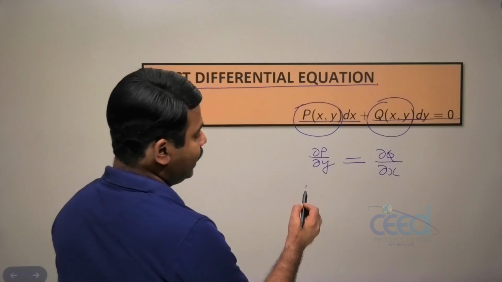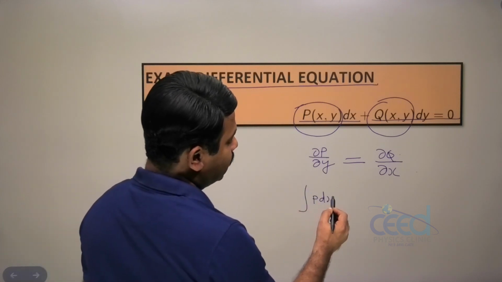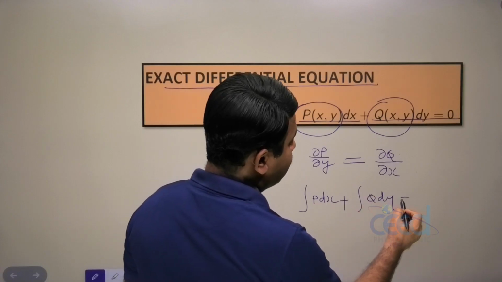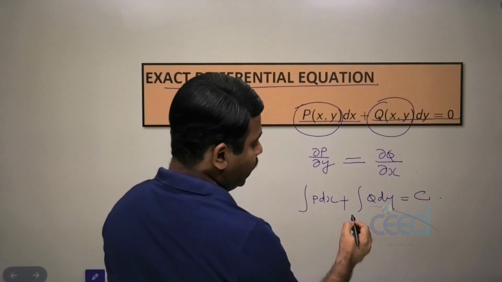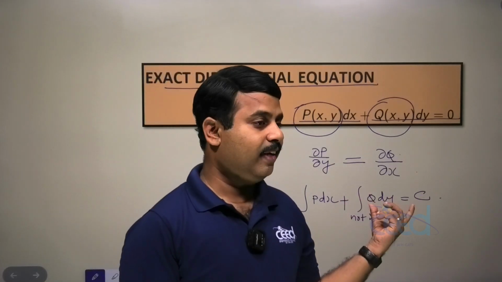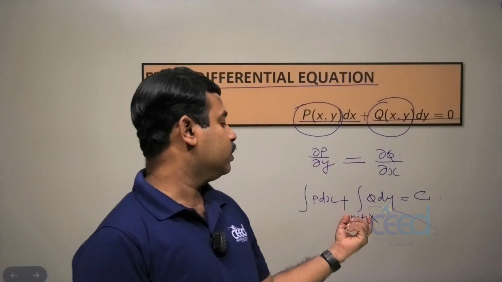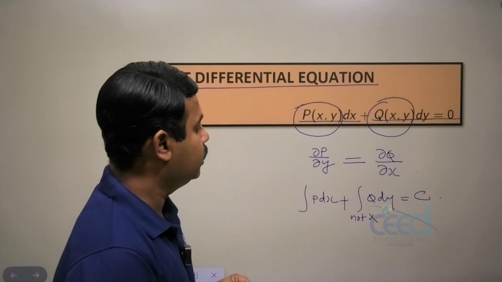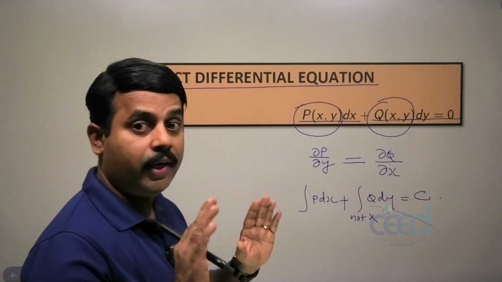If it is exact, what is the solution? Integral p dx plus integral q dy is equal to a constant, where in the second integral you should not consider the terms containing x. I will do one problem, then you will get more idea about this.